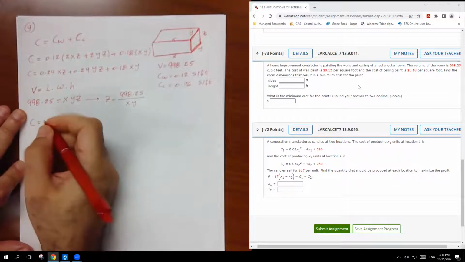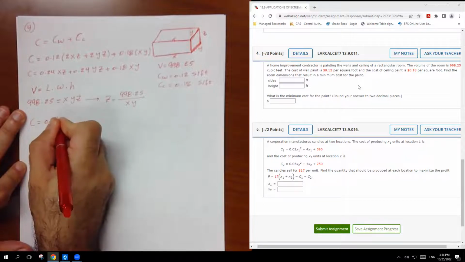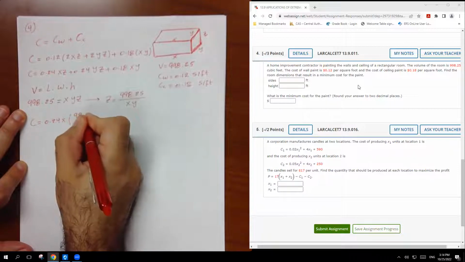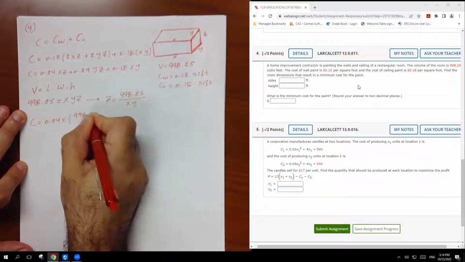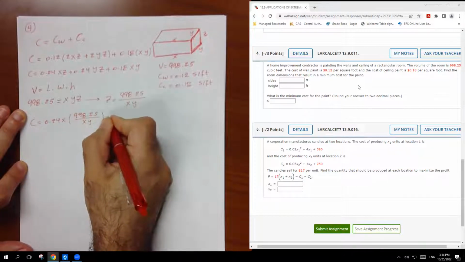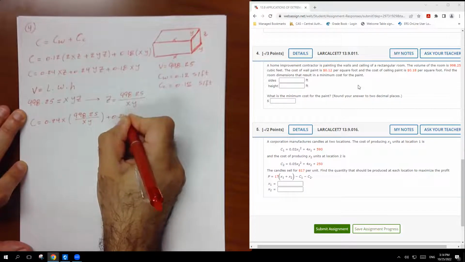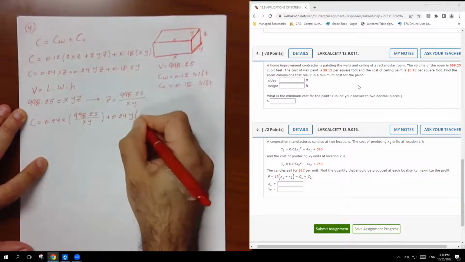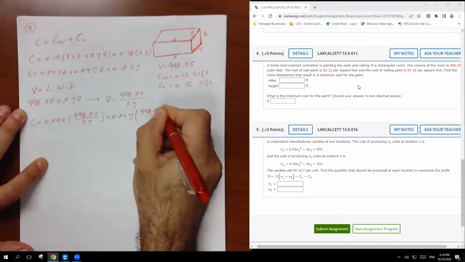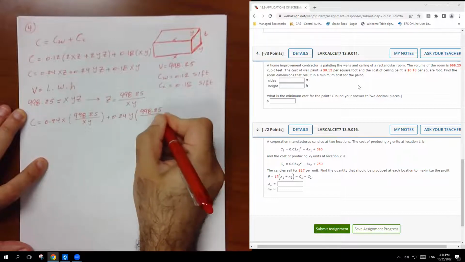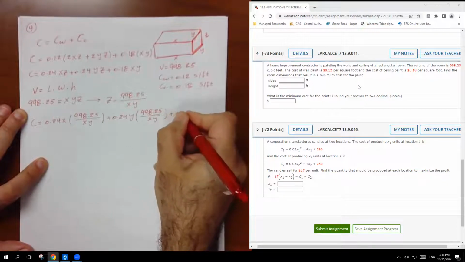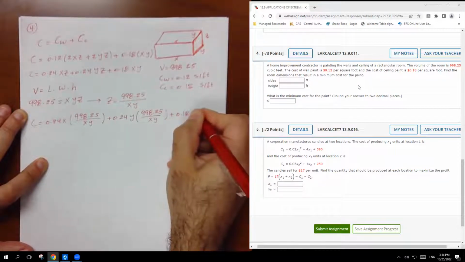The cost is going to be 0.24 x times z, which is 998.25 divided by xy, plus 0.24 y, and the z is 998.25 divided by xy, plus 0.18 xy.